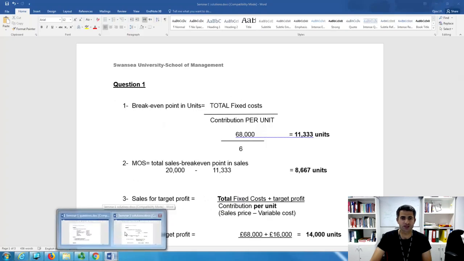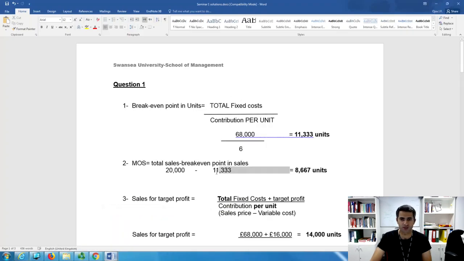If you minus the break-even point in units here, that goes with 8,667. So margin of safety is the units above the break-even. It's like how many units we sold and we made gain from.